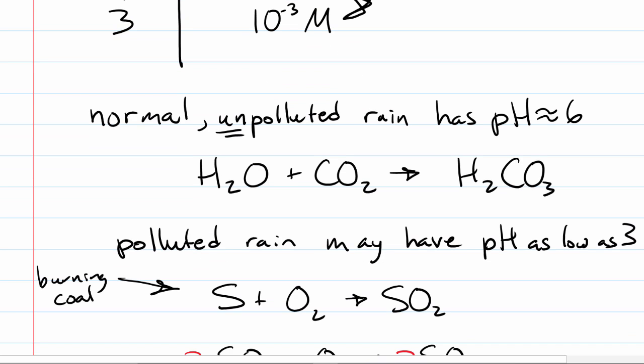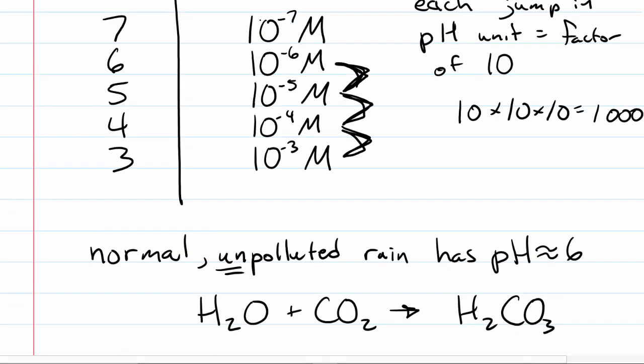When we're talking about acid rain having a pH as low as 3, that's not like it's twice as acidic or anything like that. Again, it's significant because it can be 1,000 times as acidic. So you wonder why scientists and environmentalists get worked up about this stuff. It's because the general public does not understand how things like pH work or are represented. So that's me off my soapbox a little bit.